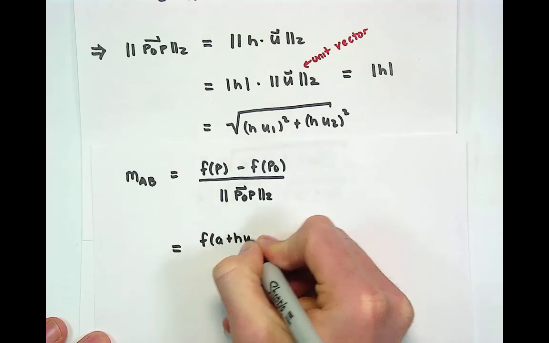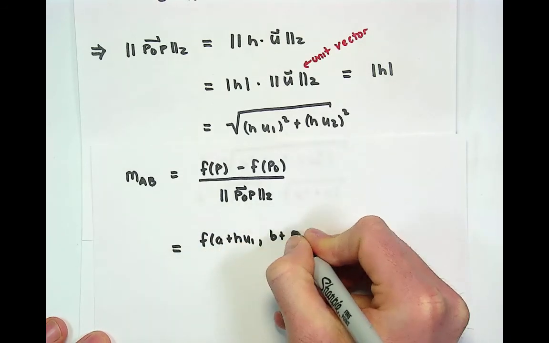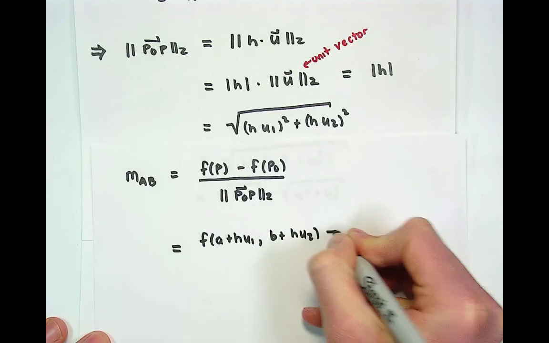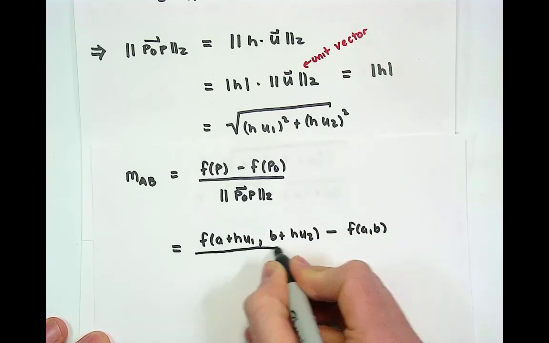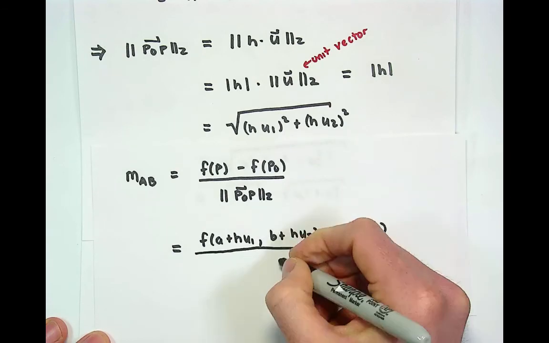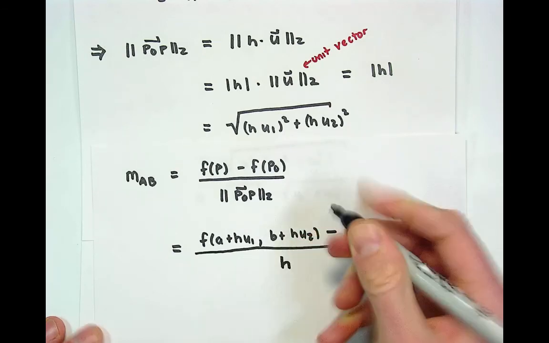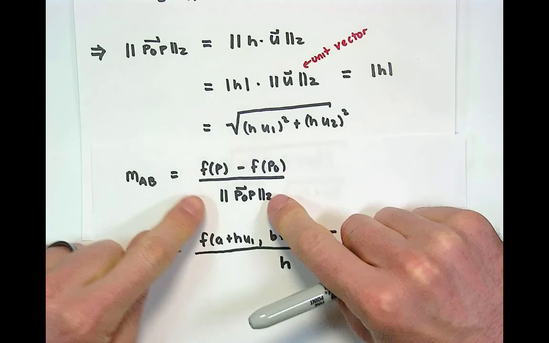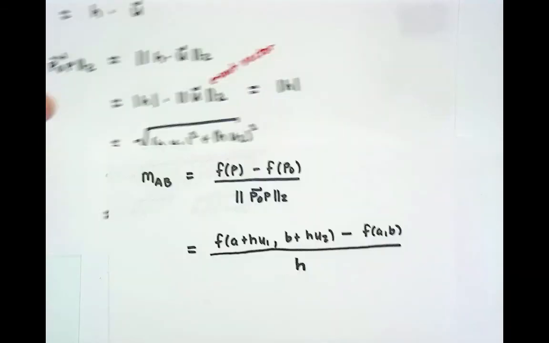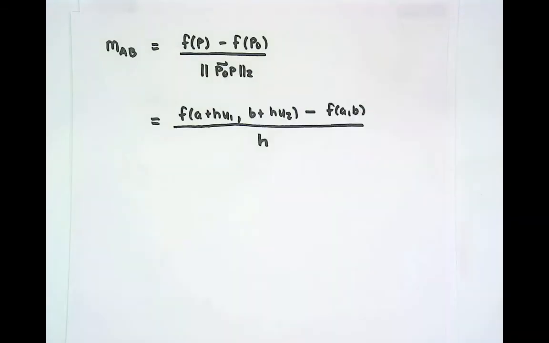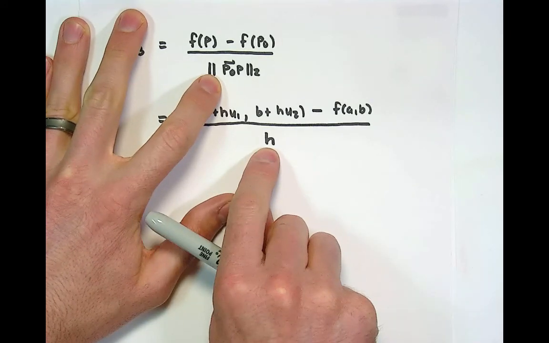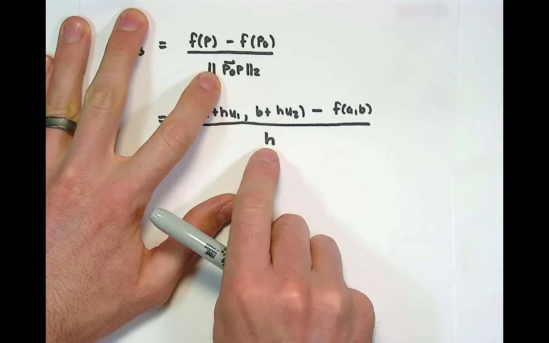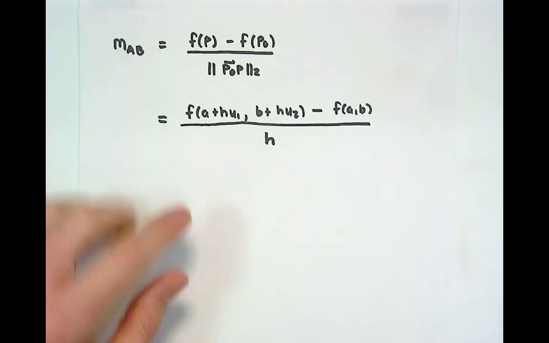This was f of A plus hu1, B plus hu2, minus f of A comma B. Here I'm going to completely violate this concept of run as length, and I'm going to think about instead the run as the amount of the vector u that we take, aka the scalar h.